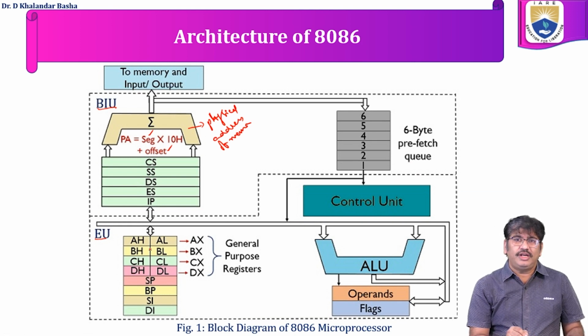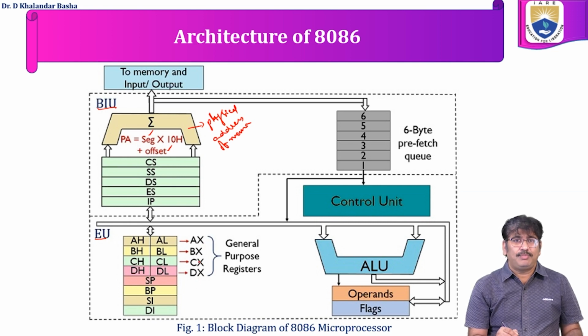The execution unit consists of 4 general purpose registers: AX, BX, CX, DX. For 8-bit applications, these registers can be used as the AH and AL registers, BH, BL, CH, CL, DH, DL. So in total, there are four 16-bit registers, namely AX, BX, CX, DX.